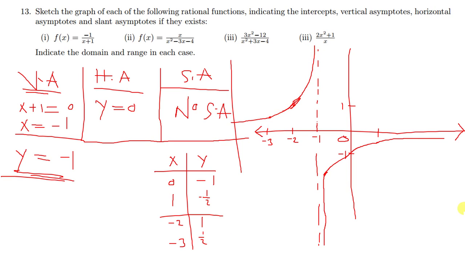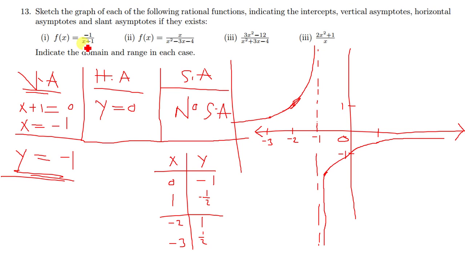So now how do you find the domain and the range? The domain will just simply be, you equate the denominator to 0 to find the domain. When you equate this to 0, you're going to have x is equal to -1. So what happens when you put -1 there where there's x?